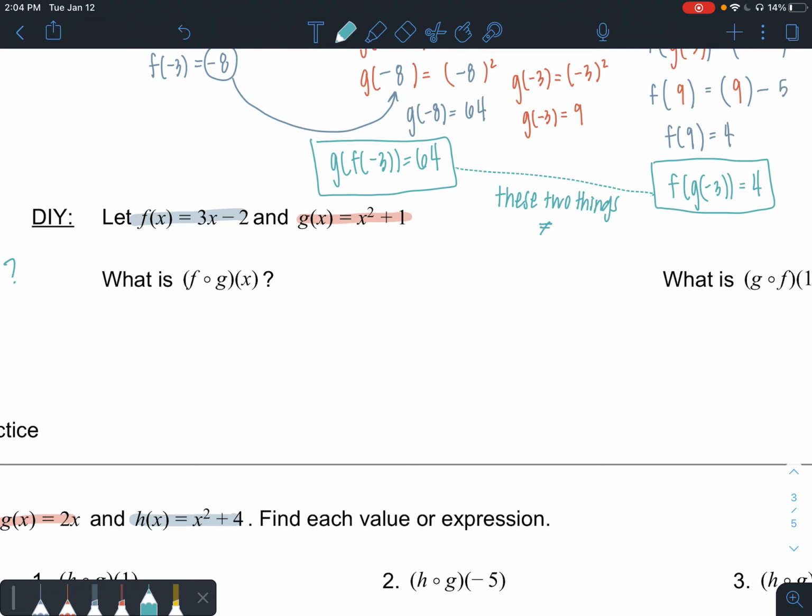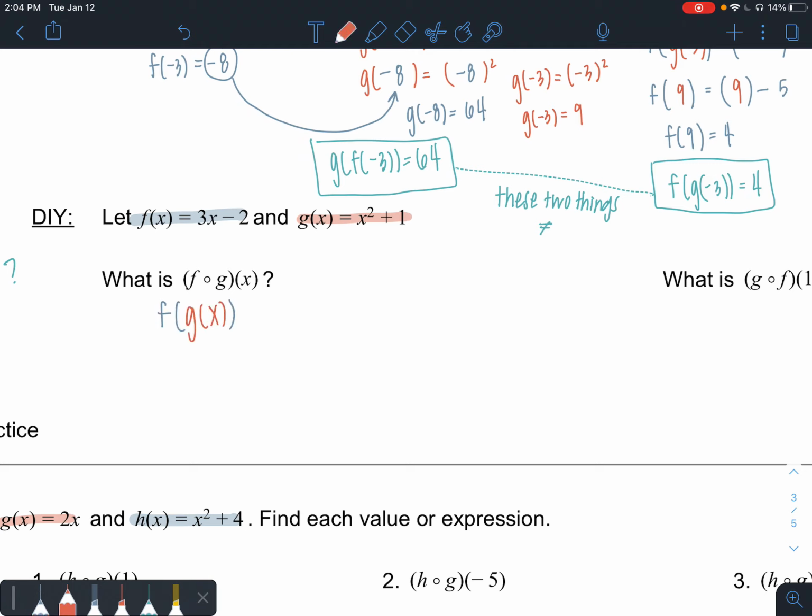Okay, so we're going to find f of g of x. I wrote this wrong, so I want to write it in my colors. So I have f of g of x, like this.